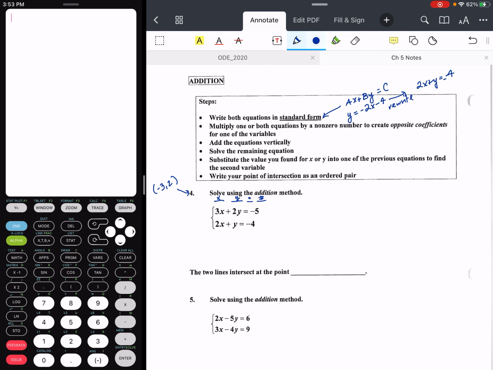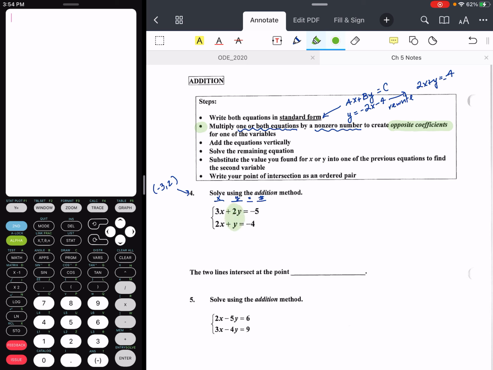All right, so second step, and this is really the key step in this addition method. Multiply one or both equations by a non-zero number, so by some constant, to create opposite coefficients for one of the variables. And that's the key, creating opposite coefficients. So looking at number 4, for example, I see that we have this plus 2y in the top equation, and then we just have a plus y in the bottom equation.